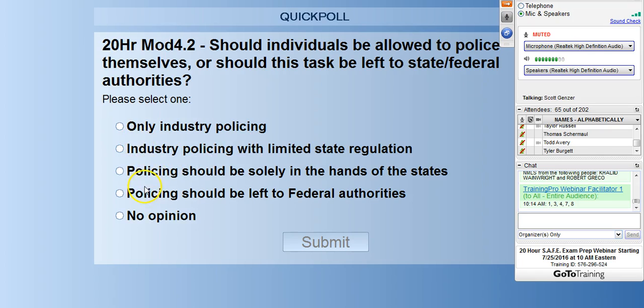I like it. So far, 0% only industry policing. We kind of tried that. Not so much worked out so well. Right, number 2. All right, thanks. I'm going to close that down.